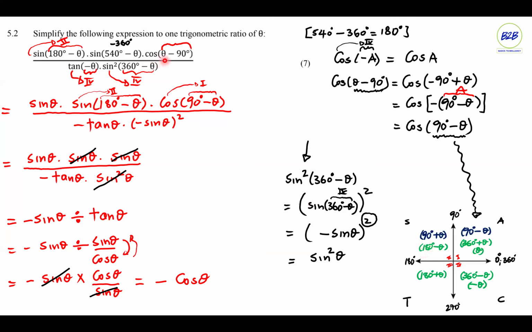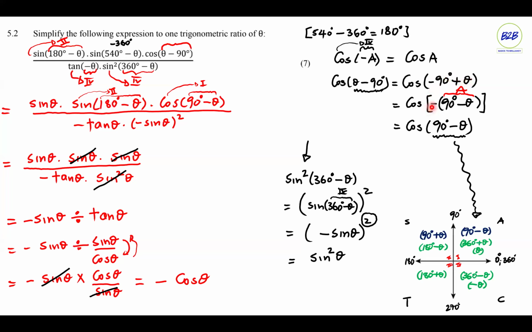With regards to theta minus 90 degrees, you do some manipulation there of taking out the common factor. First, you swap these two. First, it must be the numerical angle, which is negative 90 degrees, followed by the variable angle, which is theta.